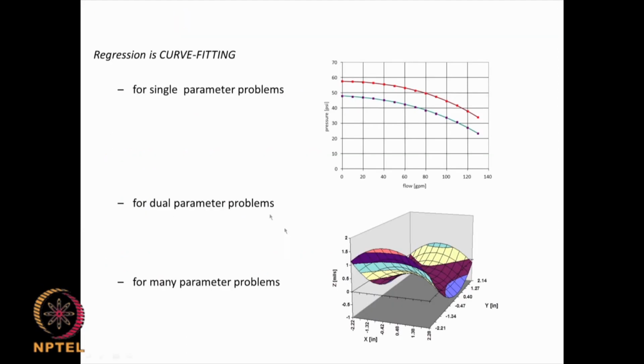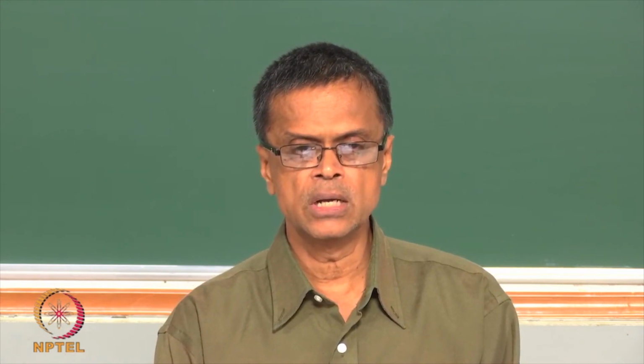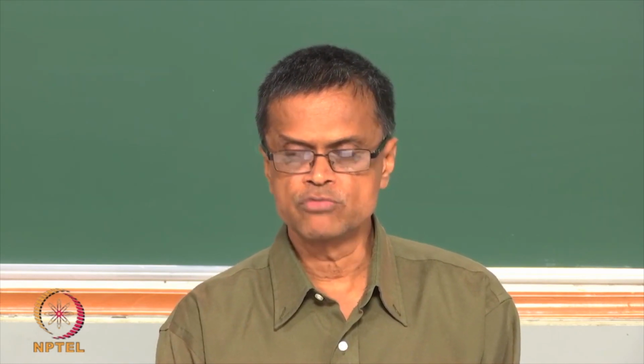So, like that finally you end up with the best regression model for your system. So, regression is nothing but a curve fitting for a single parameter. That means if I am measuring pressure as a function of flow, flow is your independent variable, your pressure is your dependent variable. So, if it is a linear model, I will have y equal to A plus, that is pressure is equal to A plus B into flow.